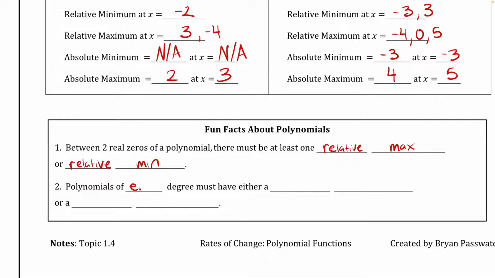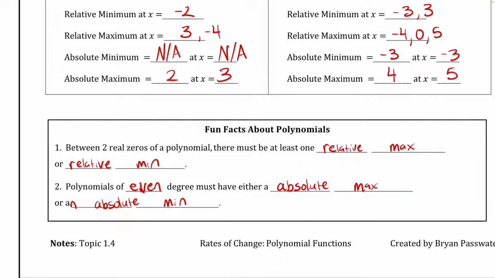Polynomials that are even degree must either have an absolute max or an absolute min.